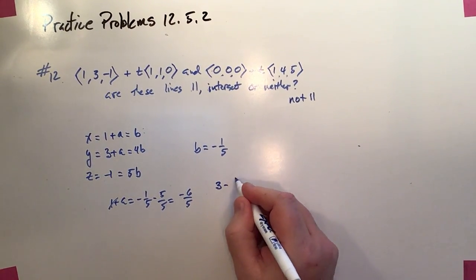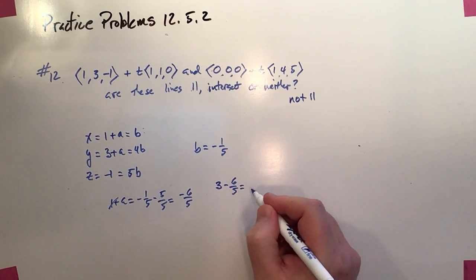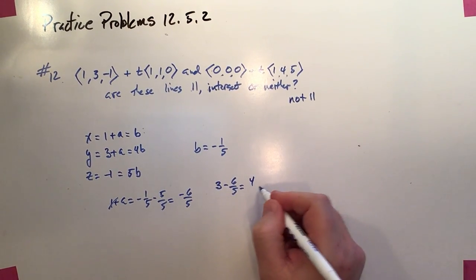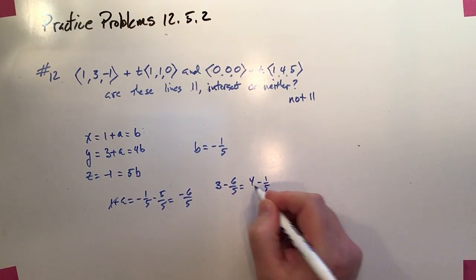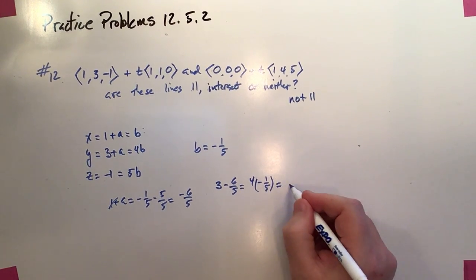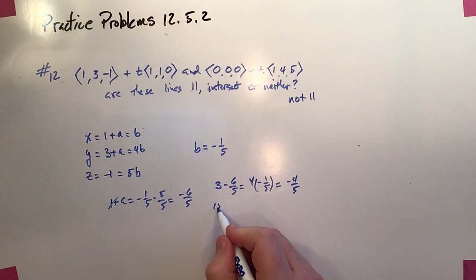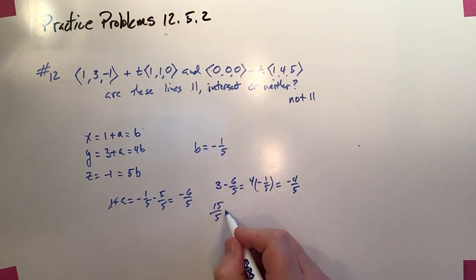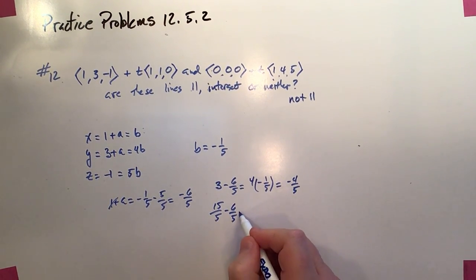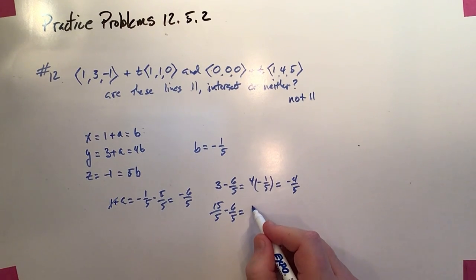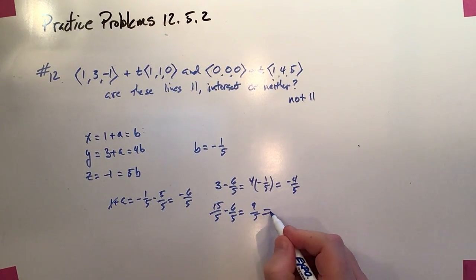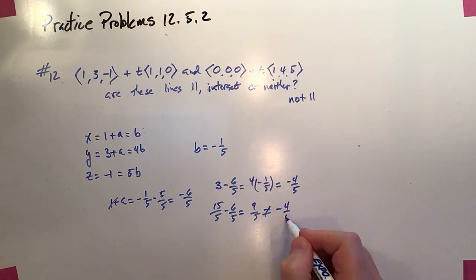Is 3 minus 6/5 equal to 4 times -1/5? Well, this side is going to be -4/5, and of course 3 is 15/5 minus 6/5. That's of course going to be 9/5, and 9/5 is not equal to -4/5.